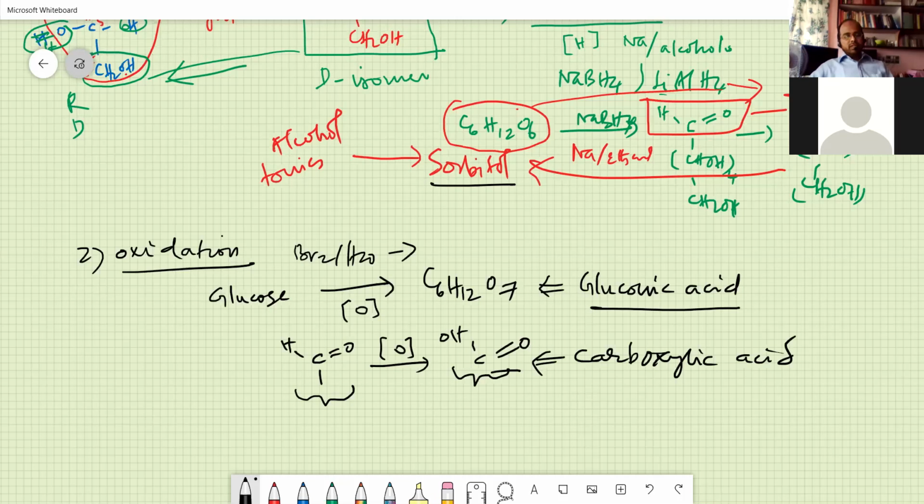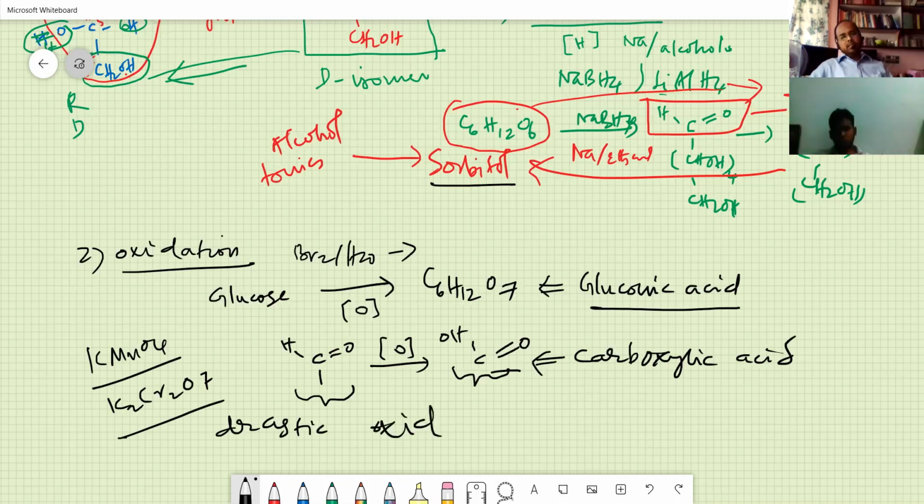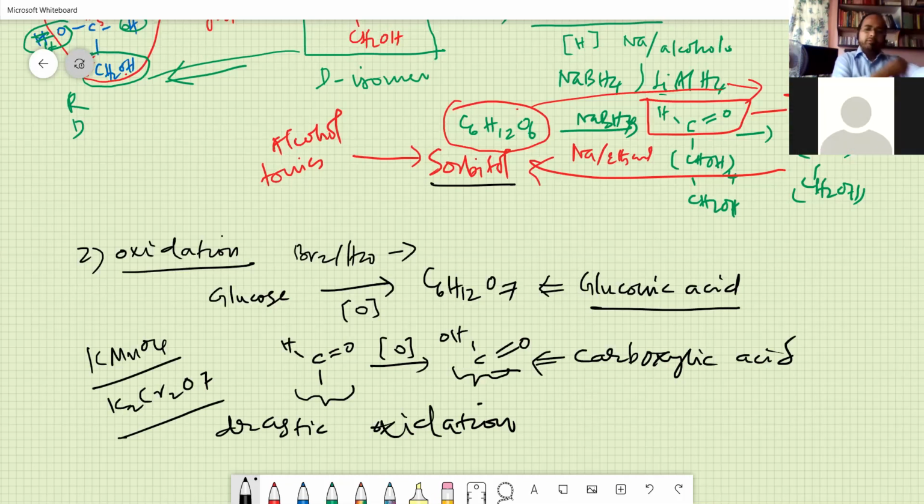There are other oxidizing agents like, for example, KMnO4, K2Cr2O7. We call them the drastic oxidation. In the drastic oxidation, they can convert every available center in the molecule.